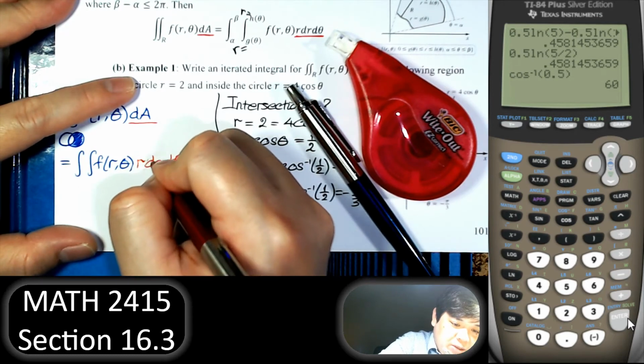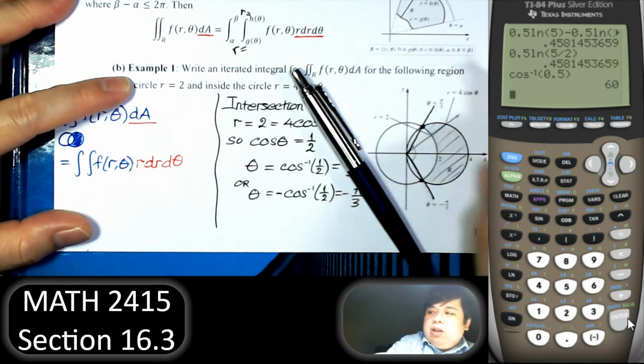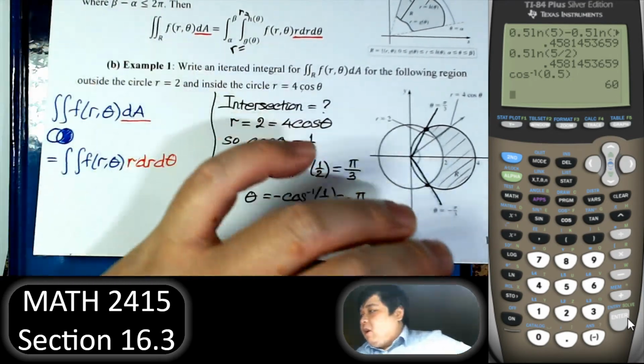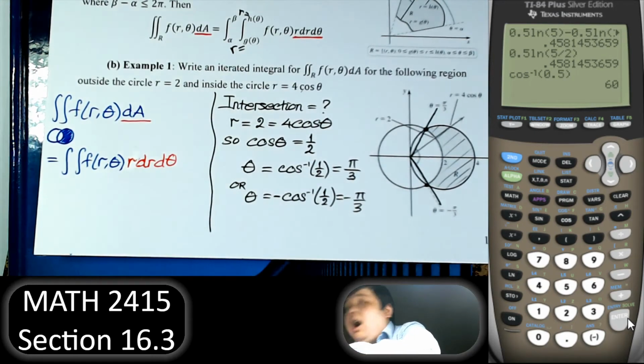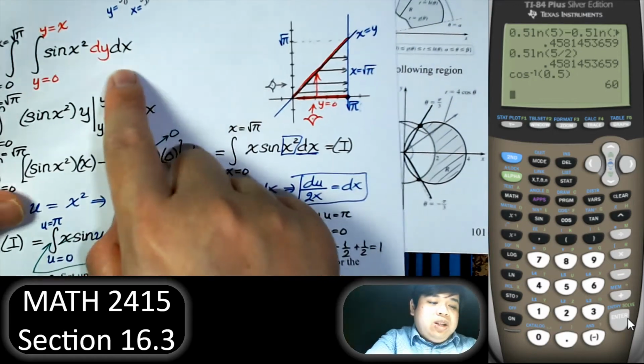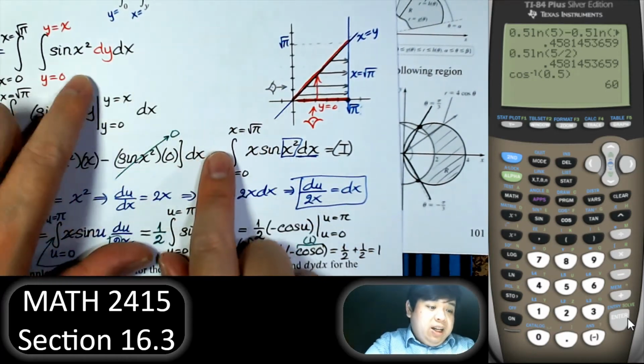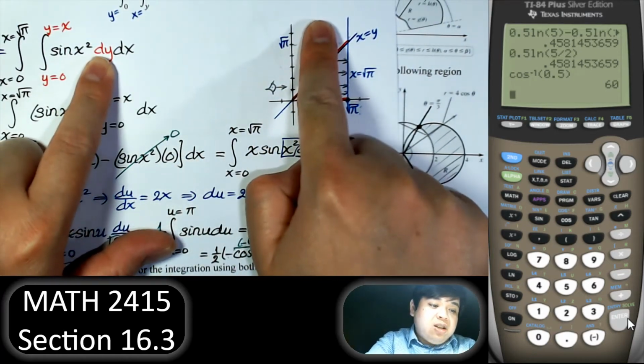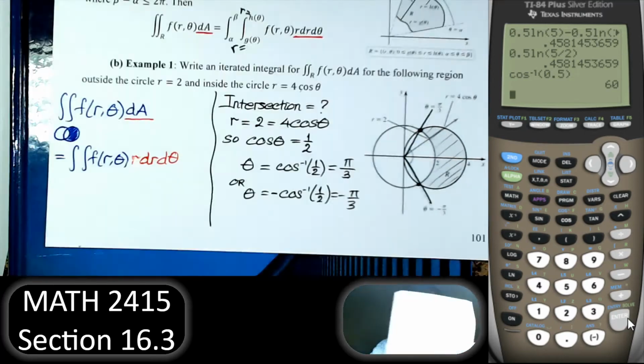Now, what will be the limit for r? So remember, let me find this real quick. On 16.2, whenever we set up dy dx or dx dy, if it's dy, we look along the y-axis. If it's dx, we look along the x-axis. Same thing here.